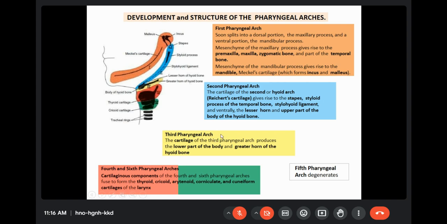The third pharyngeal arch, its cartilage will form the lower part of the body and the greater horn of the hyoid bone here. Fourth and sixth pharyngeal arches fuse together to form the thyroid, cricoid, arytenoid, corniculate, and cuneiform cartilage of the larynx. The fifth pharyngeal arch degenerates. It is rudimentary.